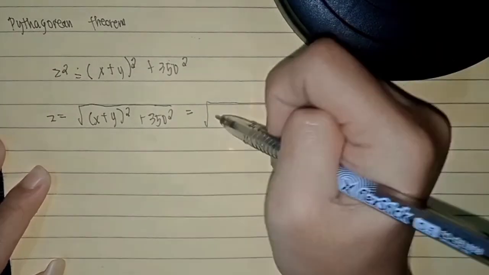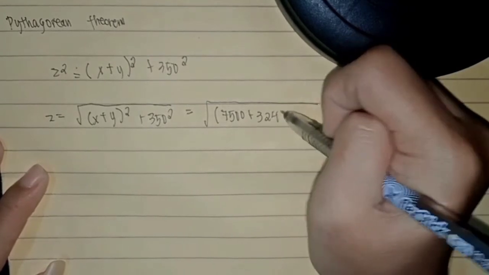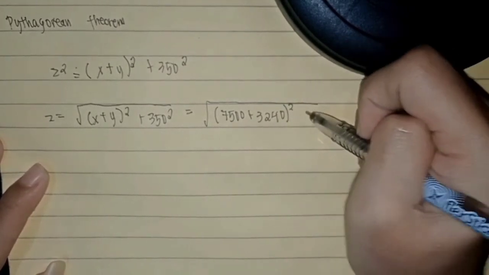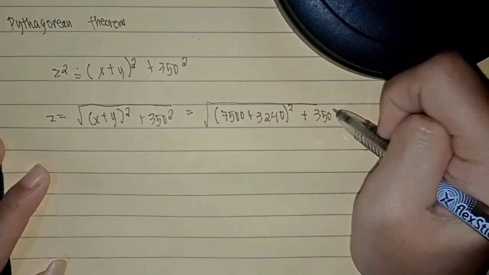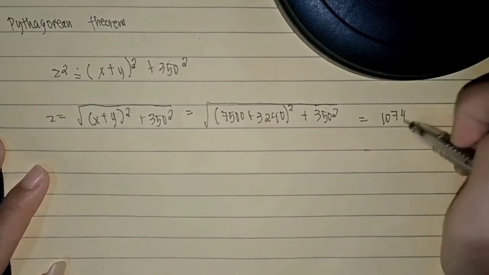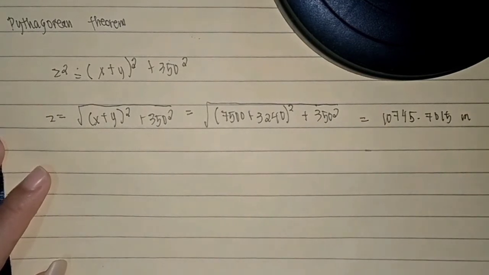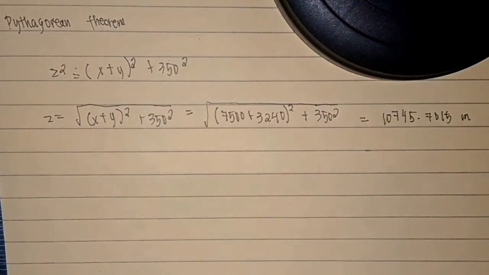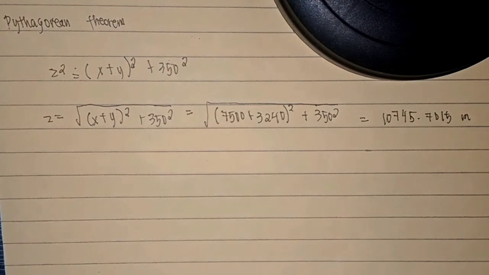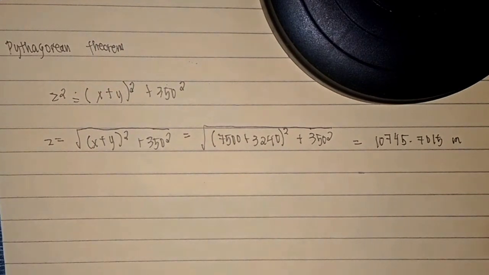Now, let's substitute. z is equals to square root of (7,500 plus 3,240) squared plus 350 squared. And makukuha natin yung sagot na 10,745.7015 meters. Therefore, 25 minutes after person A starts riding, the two bike riders are 10,745.7015 meters apart.